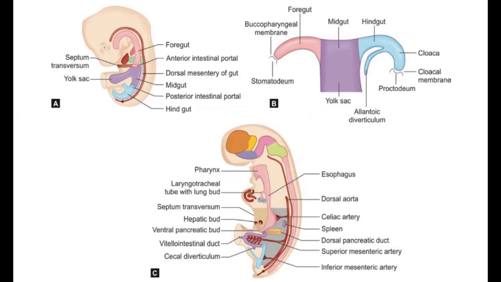We'll see that. See, this is the embryo. This one is foregut, midgut and hindgut, right? So if you see the dorsal mesentery of gut, this one.